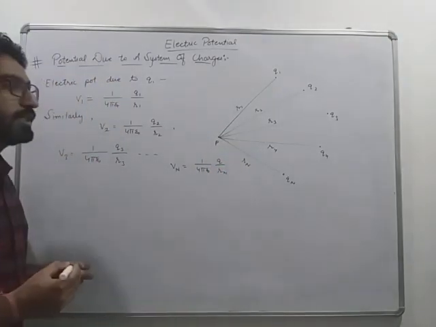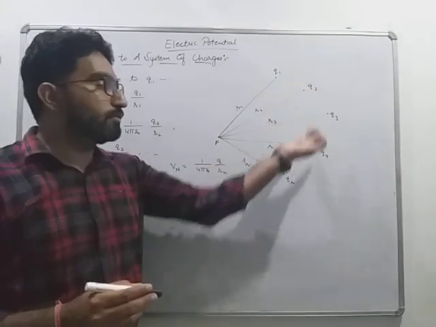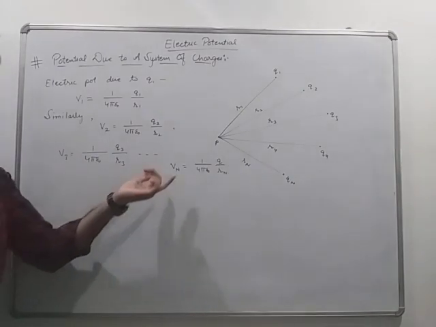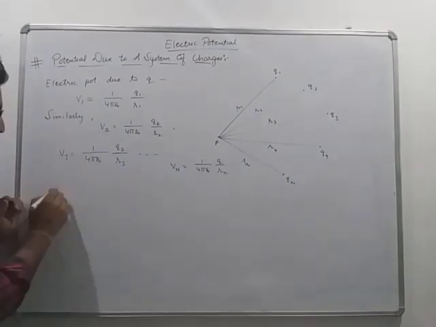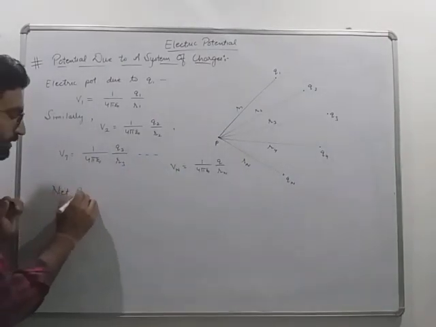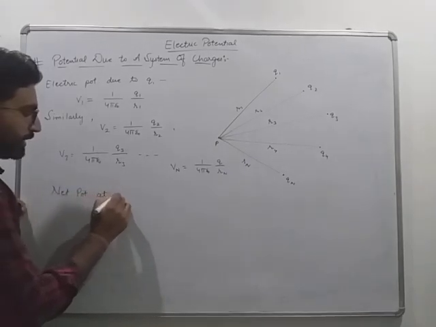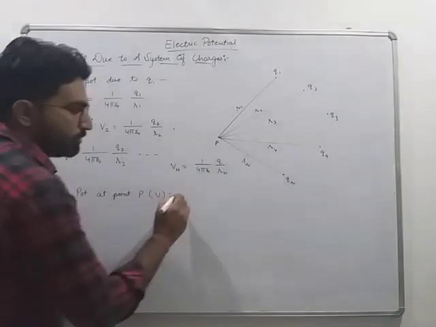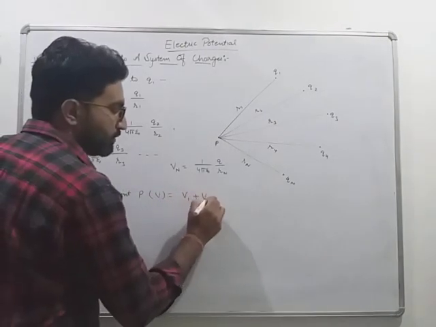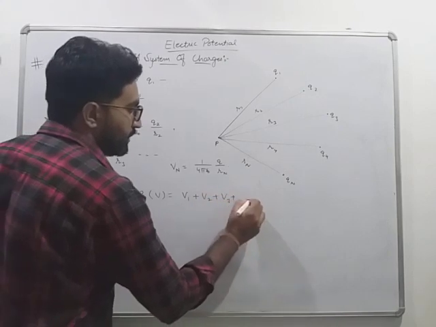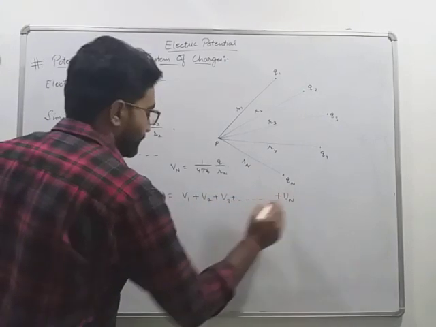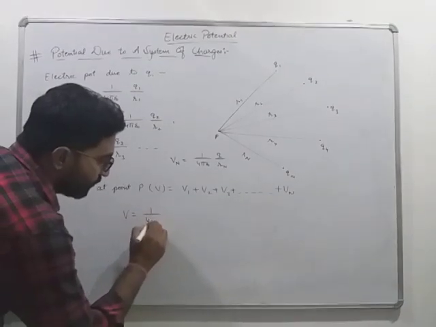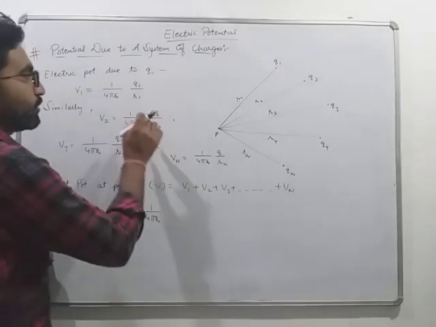And the net potential at point P due to this charge configuration will be equal to the sum of the individual potentials at that point. So the net potential at point P, V, is equal to V1 plus V2 plus V3 up to Vn, and the electric potential V will be equal to 1 by 4 pi epsilon naught, which is common from each term.